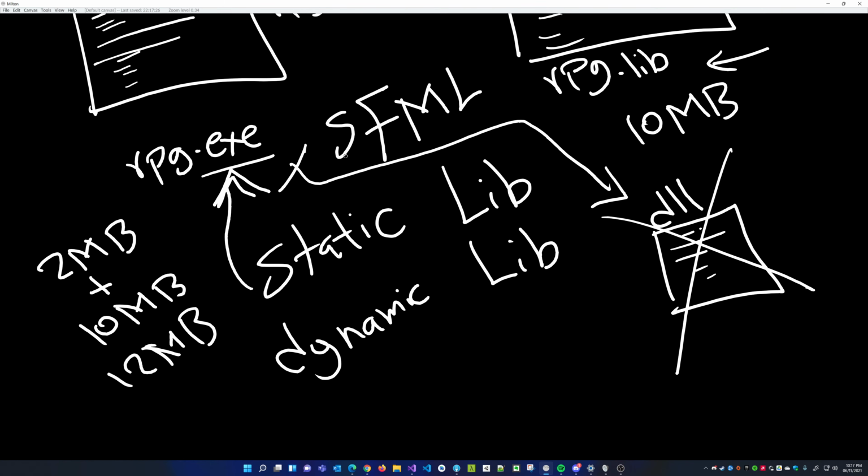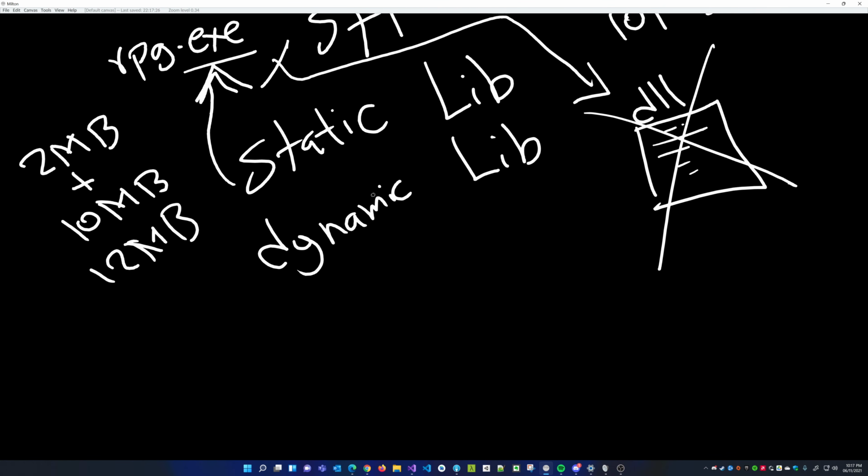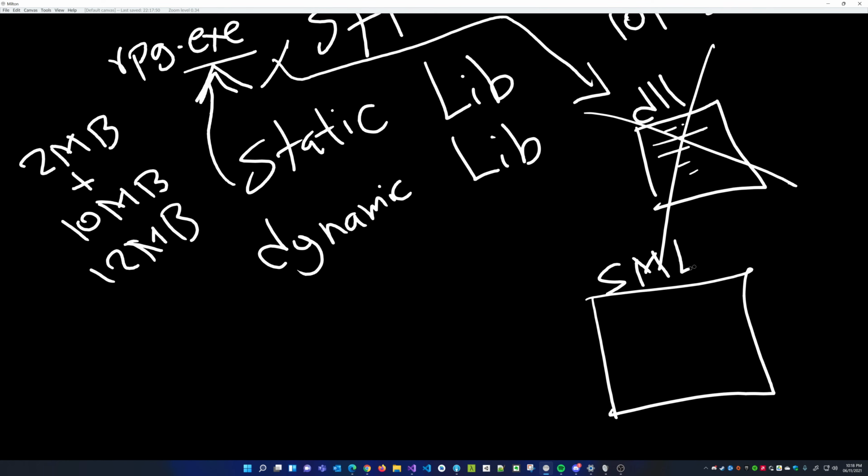Now, the question is, why would you make a dynamic library? Why not just keep it static and put everything in your exe, right? Now, the idea behind the dynamic library is that since the linking happens at runtime, let's say this library is SFML, and it has a function called draw.